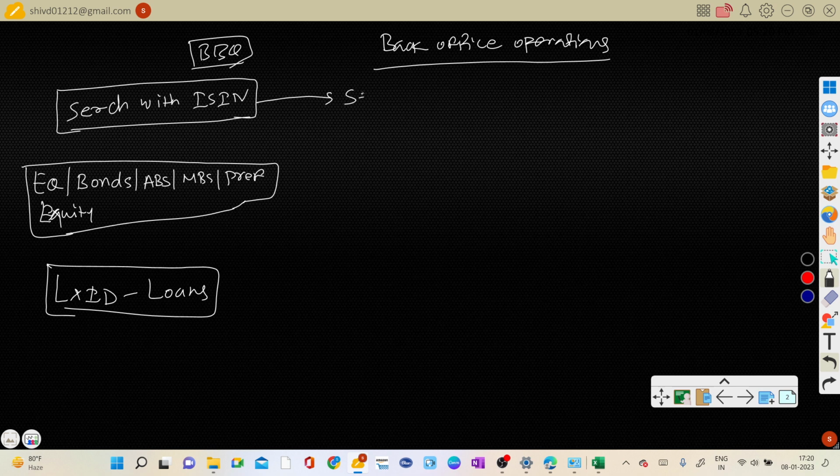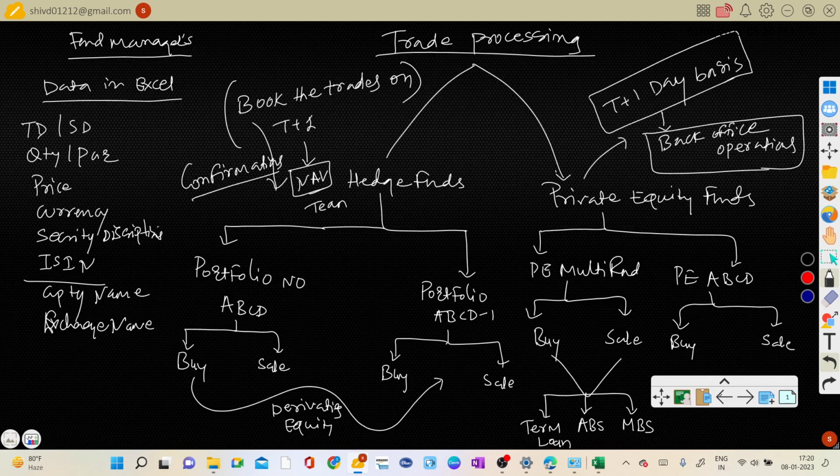Select the fund number. Why fund number or portfolio name? Fund number or name, right? Why? Because fund managers, in this example on the first slide, buy and sell the securities under different portfolios.